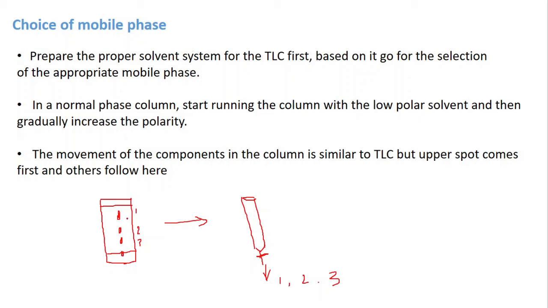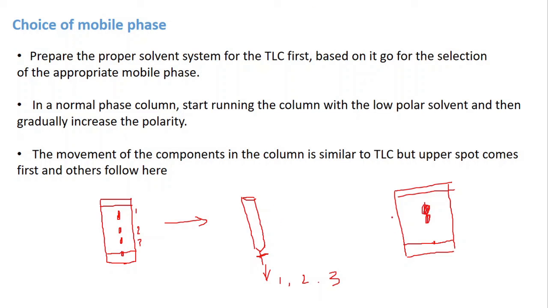So suppose these spots were distinct like this, then no problem. You can start with what you have in the TLC solvent. A similar combination you can use here. But if they are overlapping, if they are not well separated, if they are not distinct, suppose this reaction mixture, after running, there were 2 spots, we are separating another mixture wherein they are overlapping.